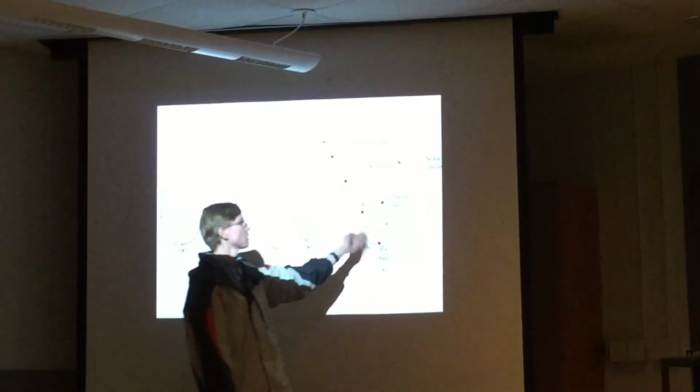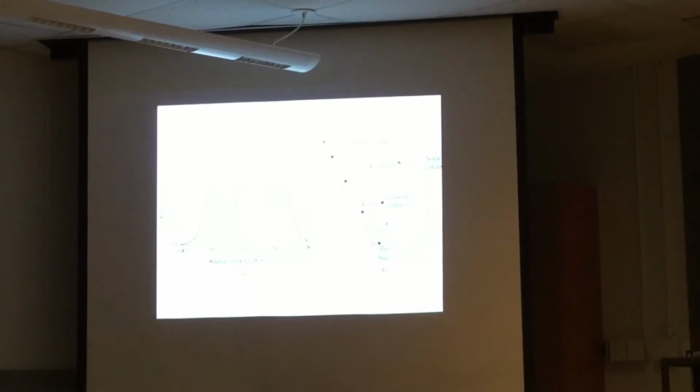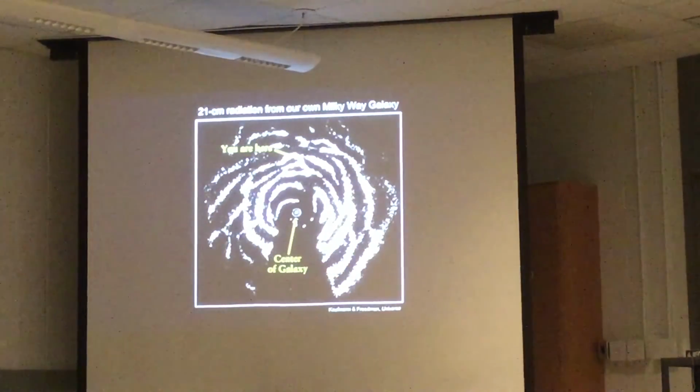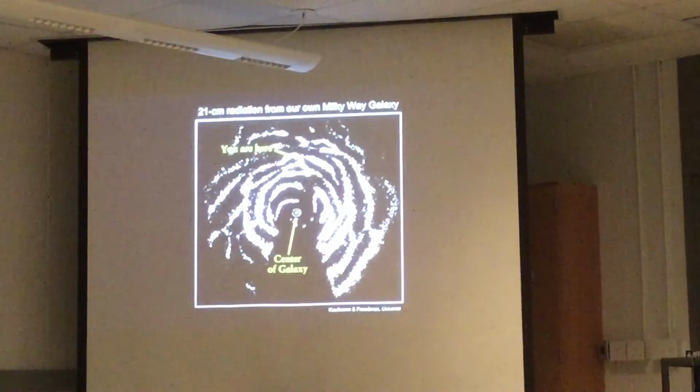And if you do that along various lines of sight, use the Doppler shifts to disentangle their distances from us, then that's how you produce a map like this of how the H1 is distributed in our galaxy, 21 centimeter radiation from our galaxy. So that's how we're able to tell from the inside that there is a spiral pattern to the galaxy, because we see in other galaxies that H1 clouds tend to be concentrated along the spiral arms.